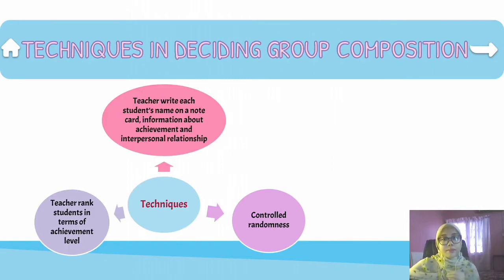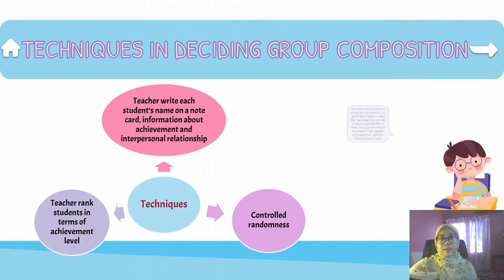But please remember that teachers should try to avoid extremes in this technique. And the last one is controlled randomness. An example of controlled randomness is when the teacher decides the groups randomly by placing students in the same color group, same number group, or maybe same cartoon character. This should be a fun technique since students need to move around to find their group members.